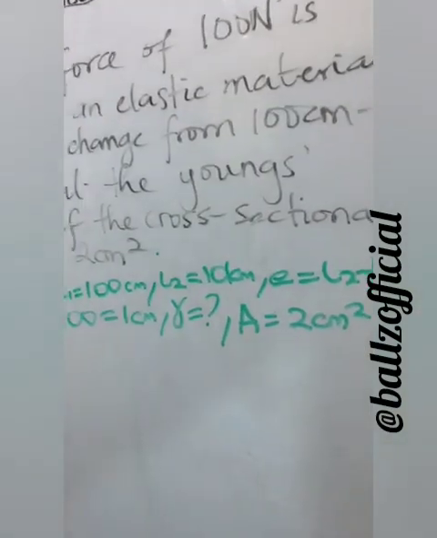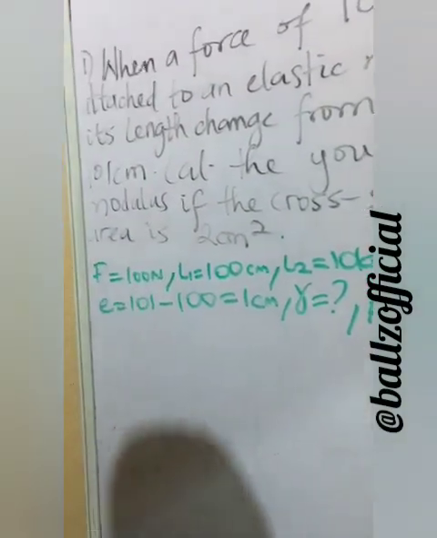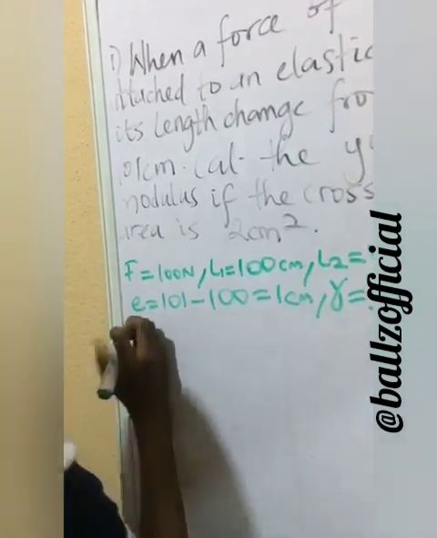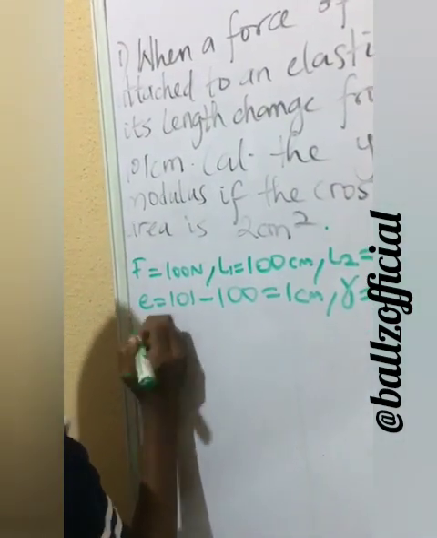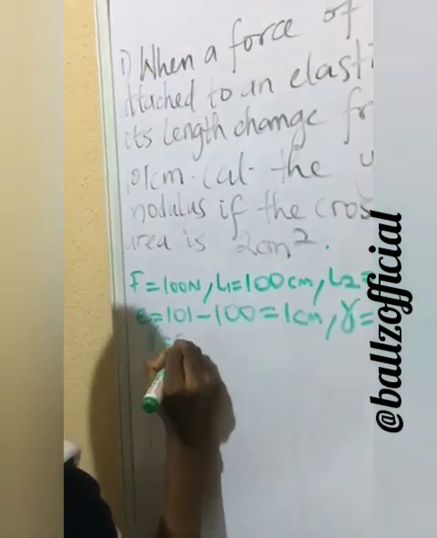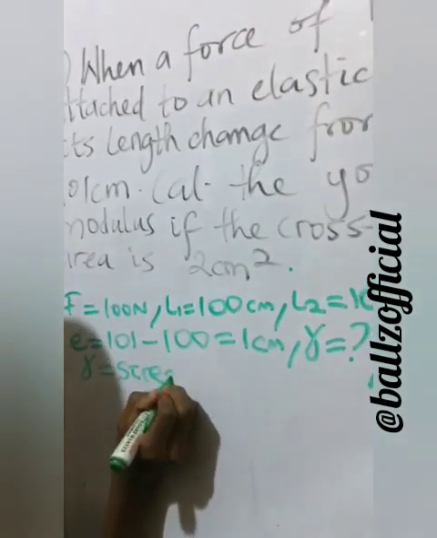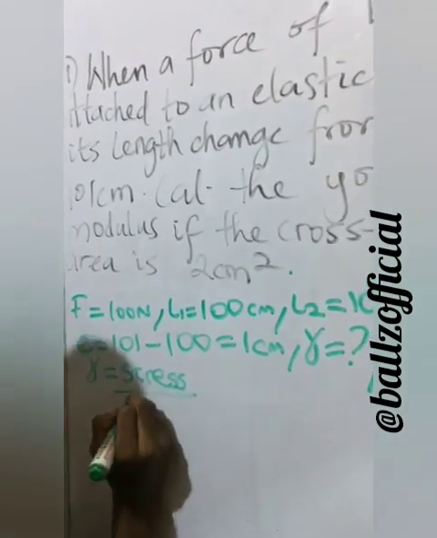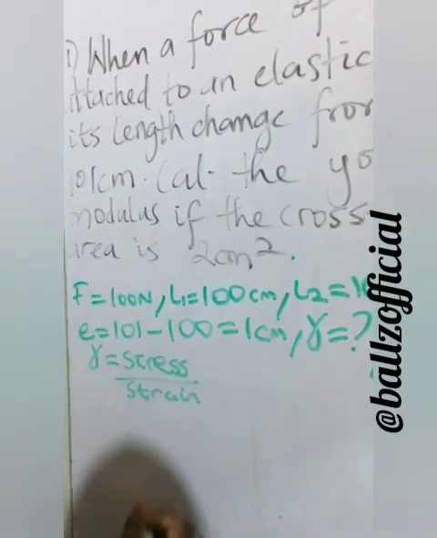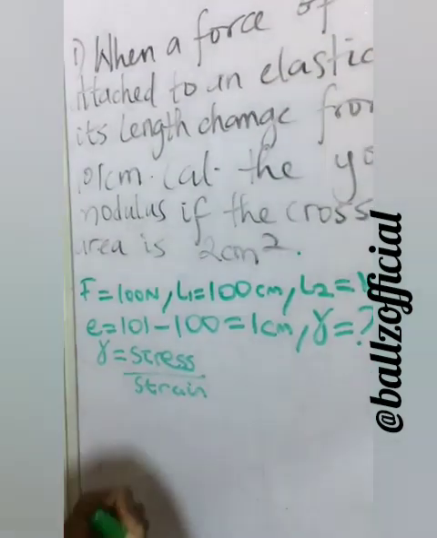So I'm going to be writing the formula that we are going to be using right now. Young's modulus, let me write the Young's modulus here, is equal to stress all over strain. So that's Young's modulus is equal to stress over strain.